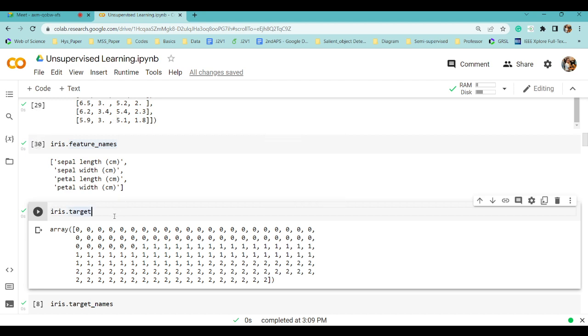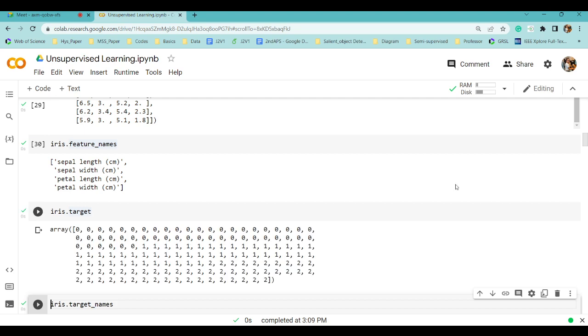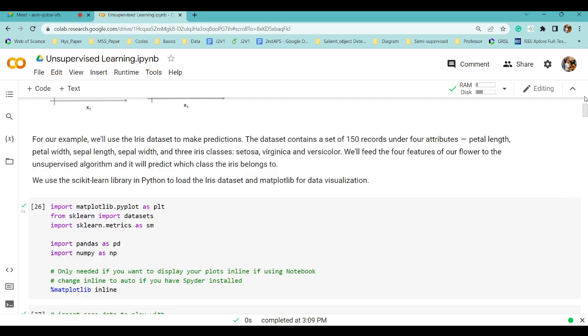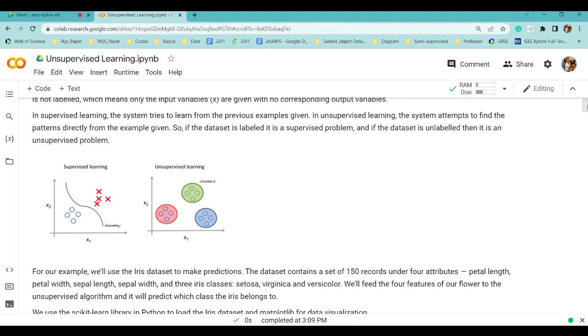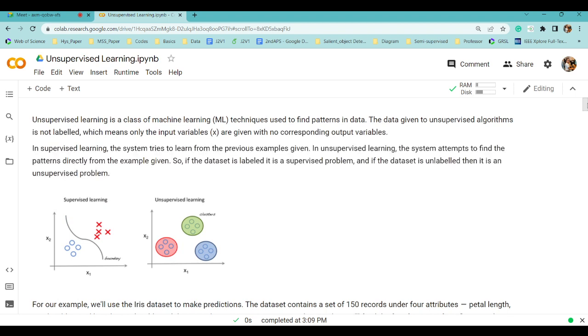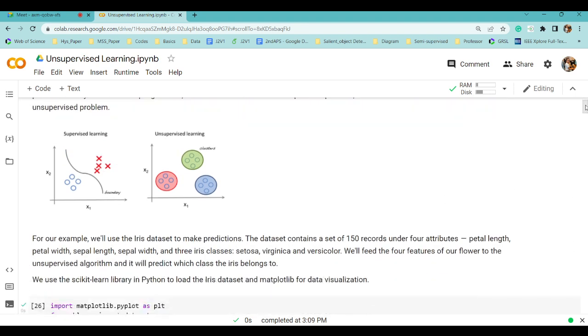Now I need to know what is there for my iris target. So 0, 1, 2. We have three classes, right? If we go back, this is where I have defined it.